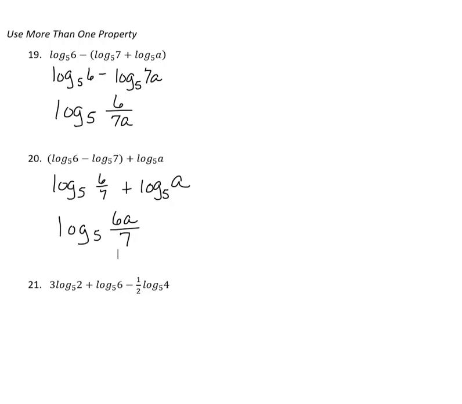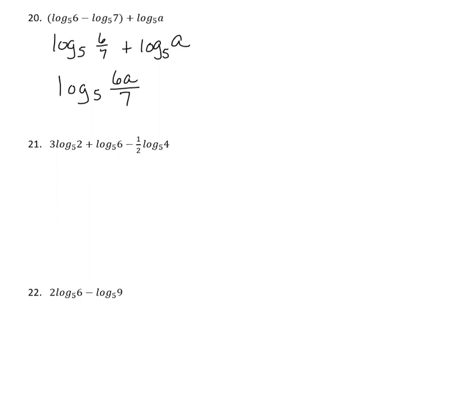And this next problem's a little bit longer, but it's still using the same properties. So I'm going to have the log base 5 of 2 cubed. I'm just taking this 3 and moving it to the exponent of the 2, plus the log base 5 of 6 minus the log base 5 of 4 to the 1/2 power.